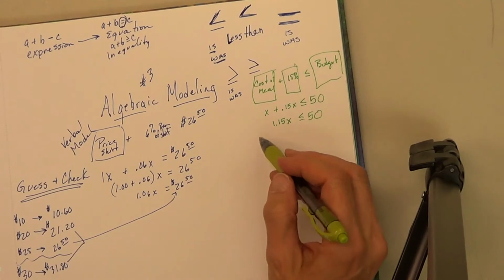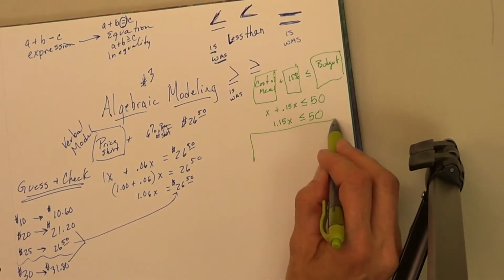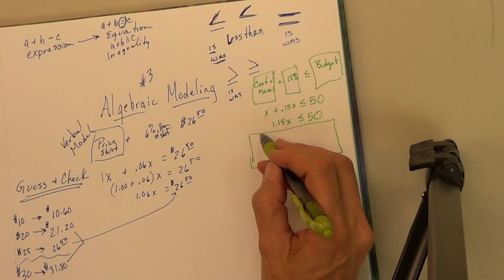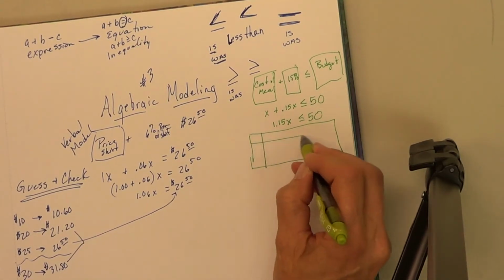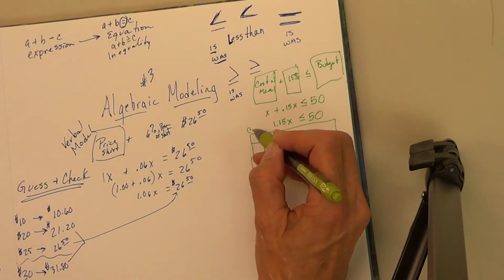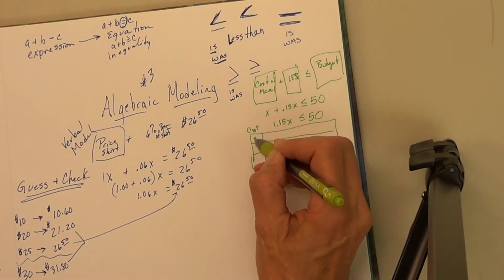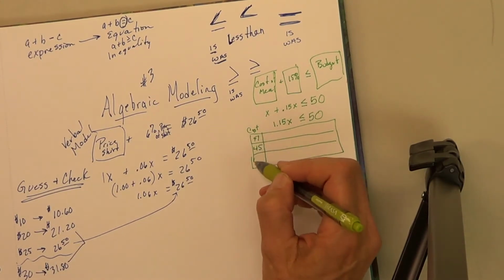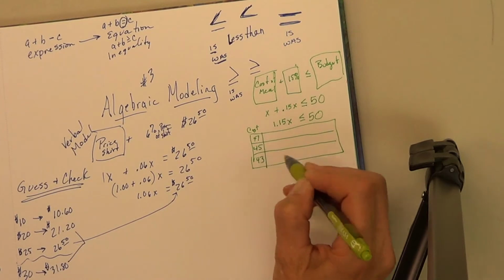And now I do have a chart on your work where I just have you work out whether or not certain values will work. I have cost here of the meal, and I give you 47, 45, 43.